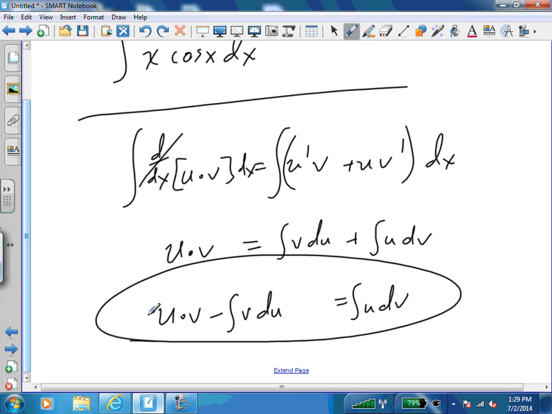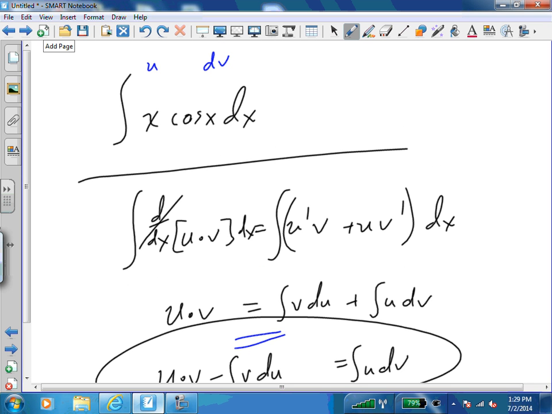That integral would be equivalent to u times v minus the integral of v du. So we have to be clever with what we pick for which piece, whether we call x dx dv or whether we call cosine x dx dv.